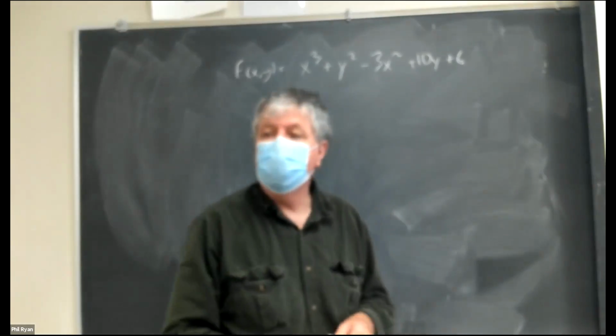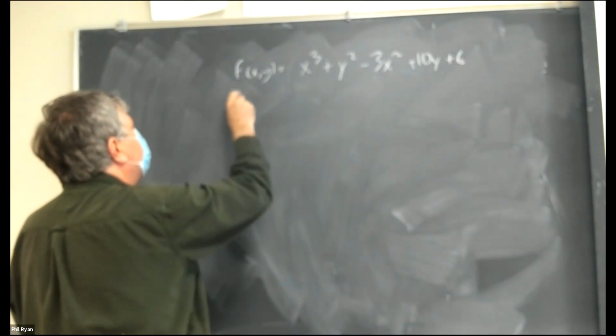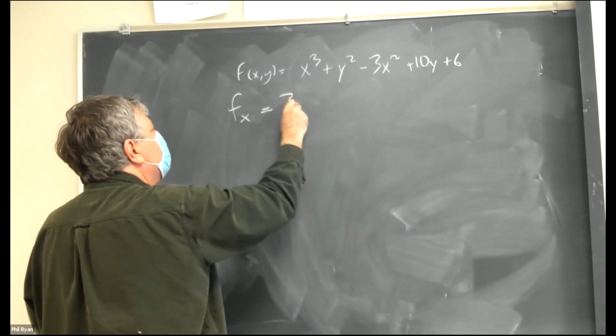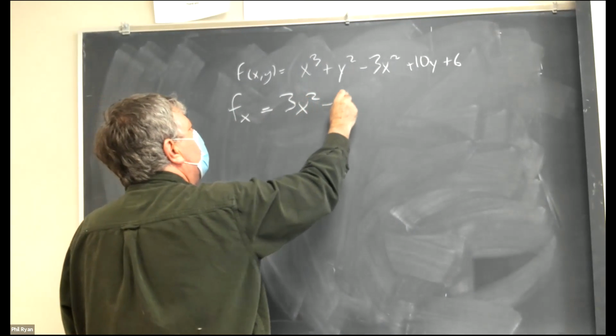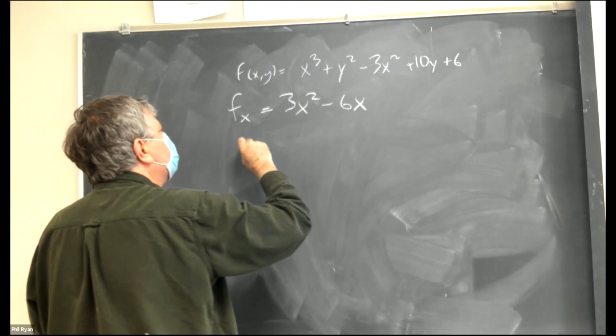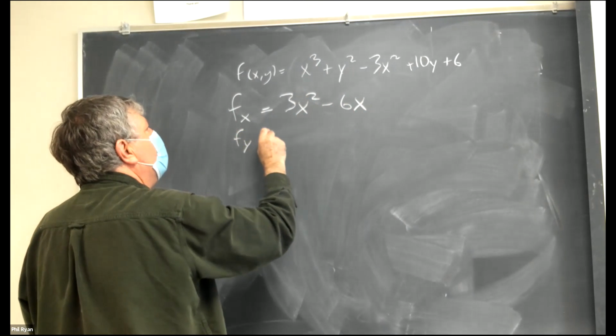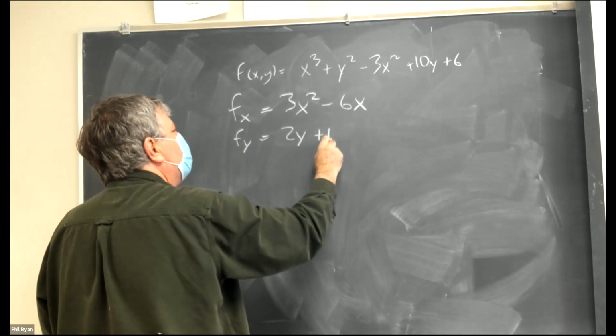Okay, a little bit more complicated. So let's take the partial derivatives. fx is 3x squared minus 6x. fy is 2y plus 10.